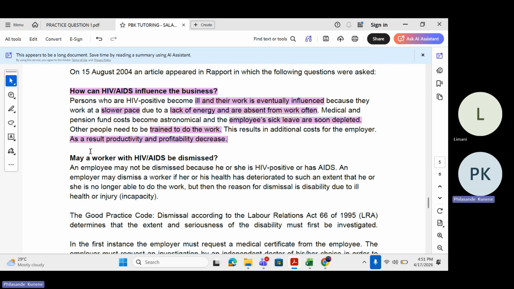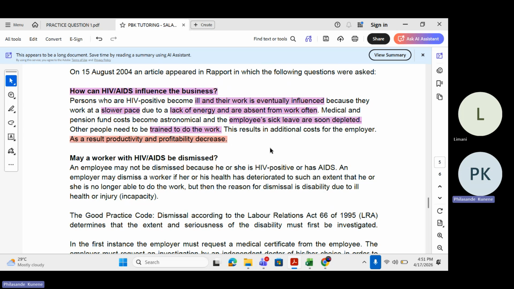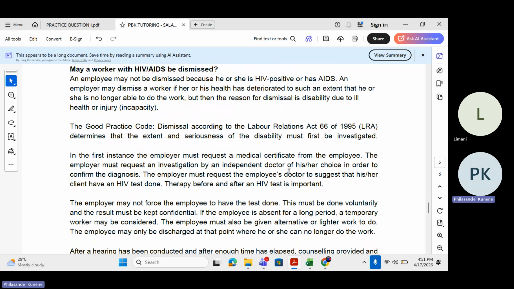You see, so when they're telling you to join medical aid, they're trying to protect their profitability and their productivity. But nowadays, this thing of HIV and AIDS is no longer as effective, because people do have ways of preventing it and all of that.